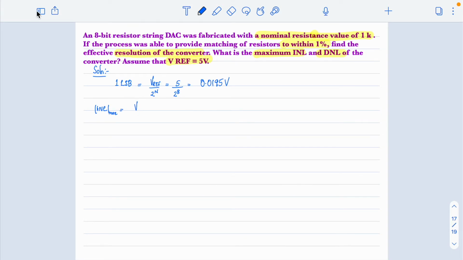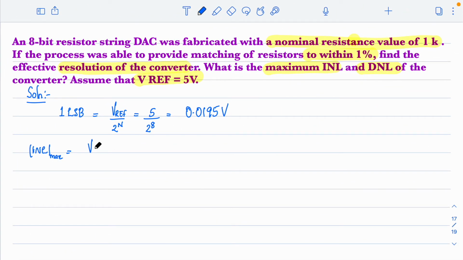INL max can be written as Vref by 2 into delta RK by R, right? This is okay, we can actually use this formula. Yeah, let us use this only. No need to change it further. We have the value as 1%. So can you tell me what is INL max?